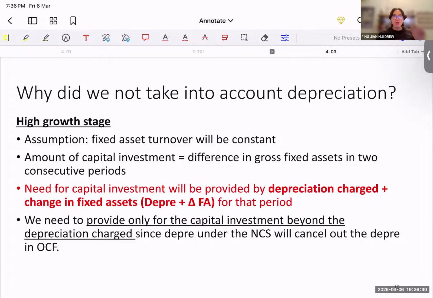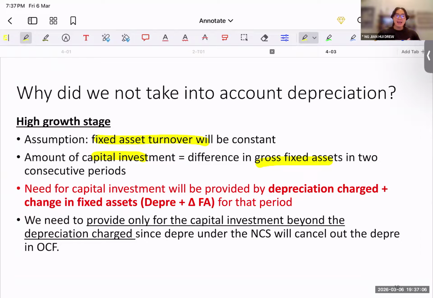For high growth, we typically assume that the asset turnover is constant. So how much new asset you buy is going to be constant, and how much is being retired is going to be a constant rate of asset turnover. In terms of our capital investment, it will be the difference between the gross fixed asset of the two periods. If we have a fixed asset amount of 100 and the next year is 200, then we have invested additional capital of 100.